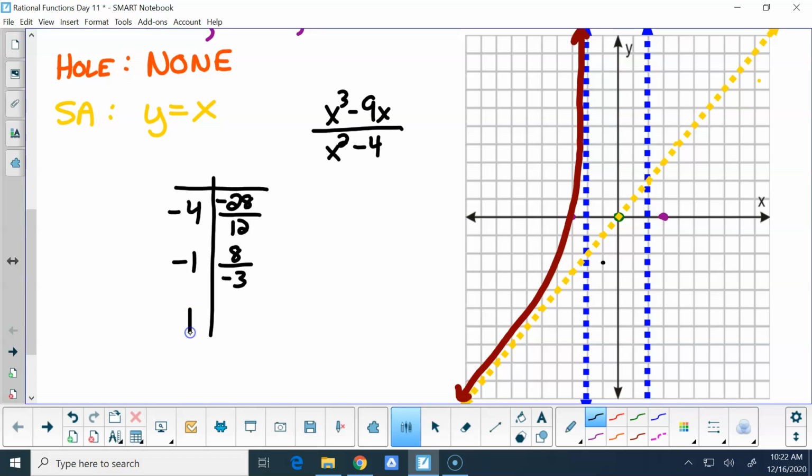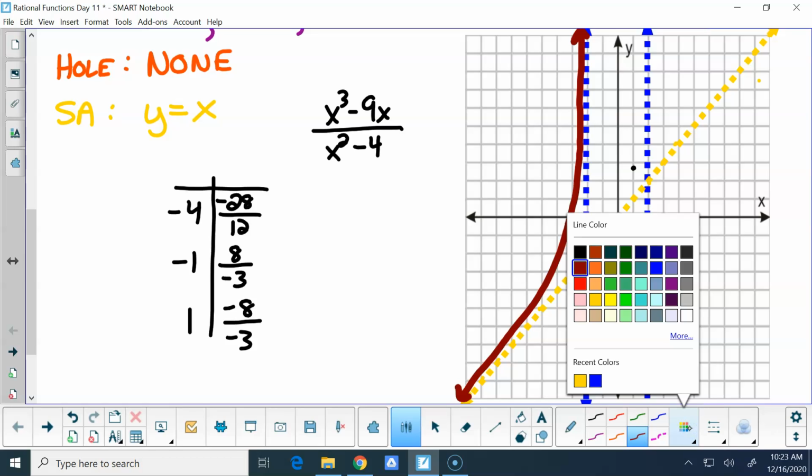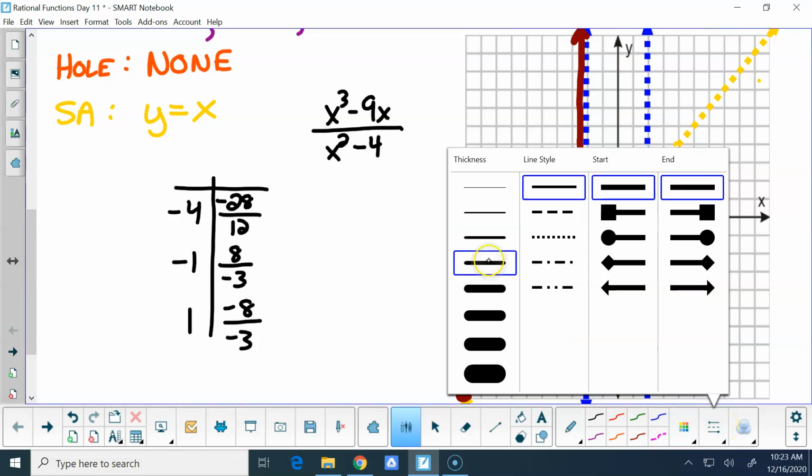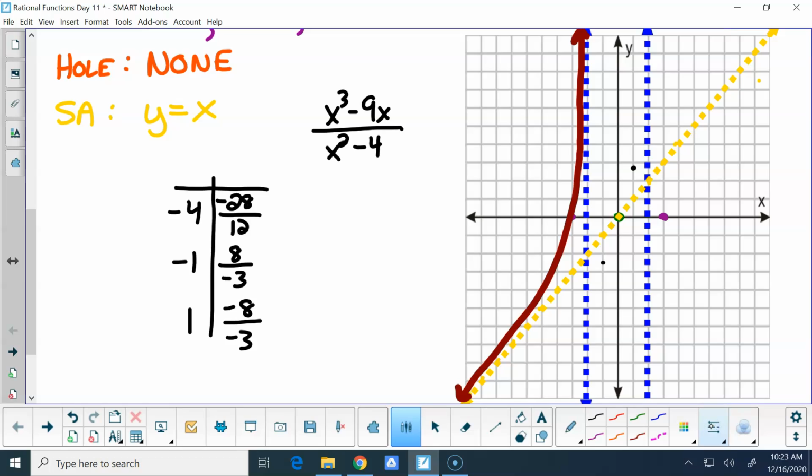Then we've got positive 1. 1 minus 9 is negative 8. 1 minus 4 is negative 3. So that would be positive 2 and 2/3. So to me, that would say that this middle section waves on through.